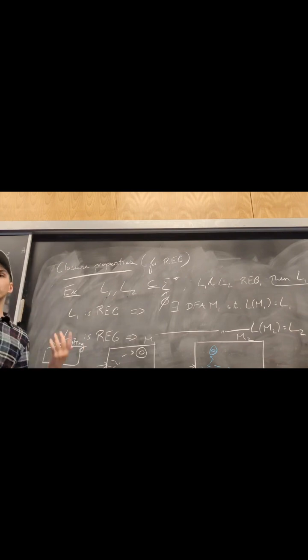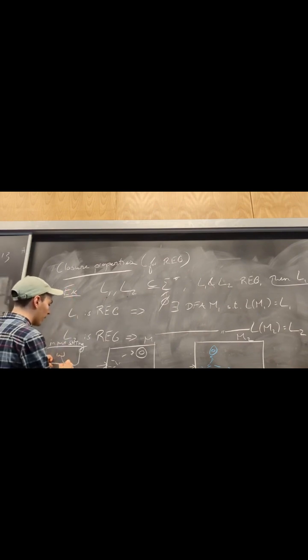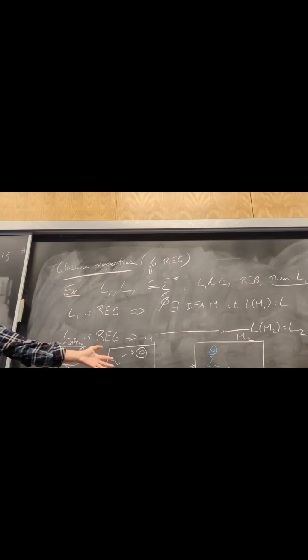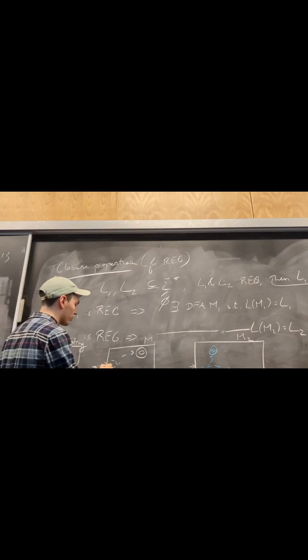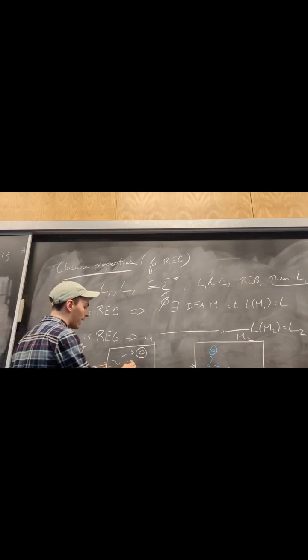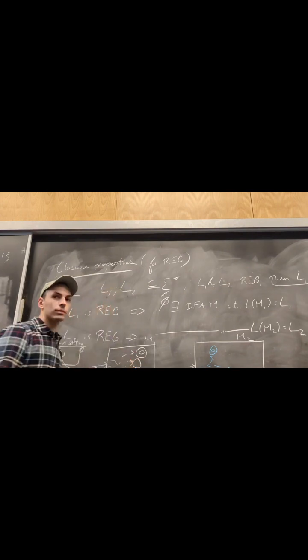and I just guess. I say, maybe this W is going to be accepted by M1. So I take the string W and I give it to M1. Then M1 does its thing. It's a DFA, so it does only one thing. It goes through the computation, and then maybe W ends up in this state. So that's a reject in that case. Then the machine is like, oh, that's too bad.